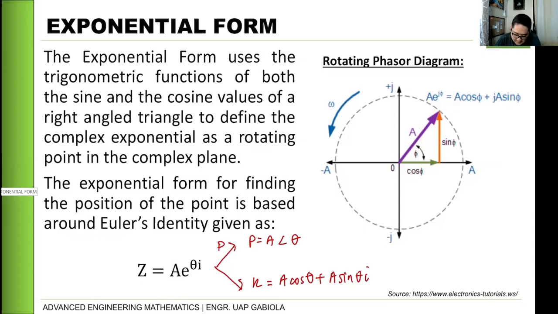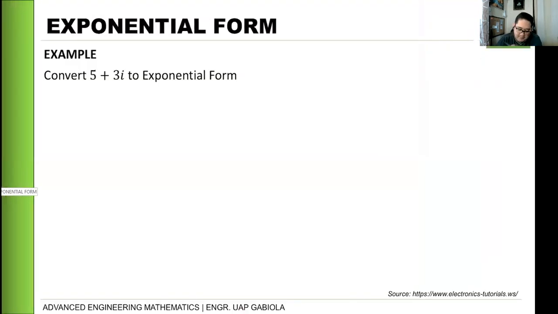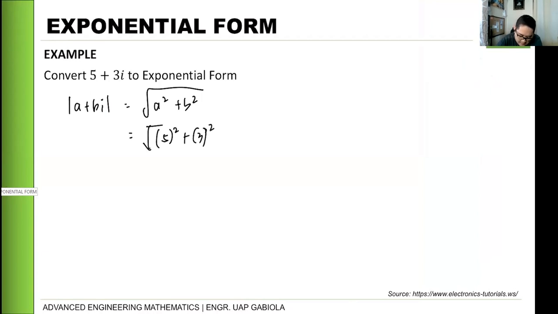Okay? And then when we check this one, for example 5 plus 3i, let's convert it to exponential form. All we need to do is identify our absolute value and our argument for this complex number. So we have 5 plus 3i. Our absolute value is the square root of a squared plus b squared. So we have the square root of 5 squared plus 3 squared, the square root of 34.